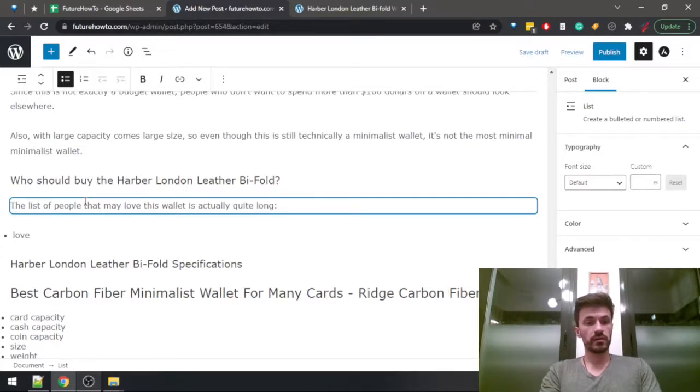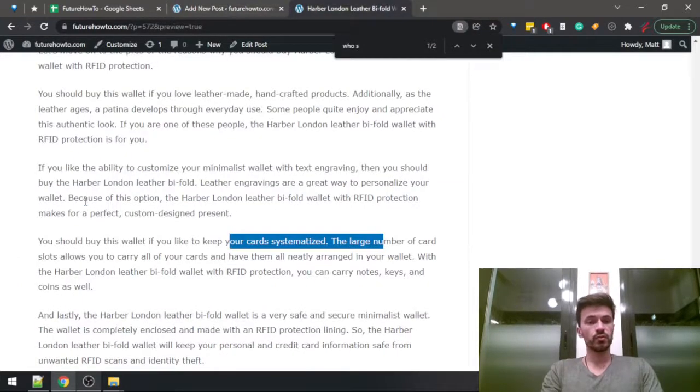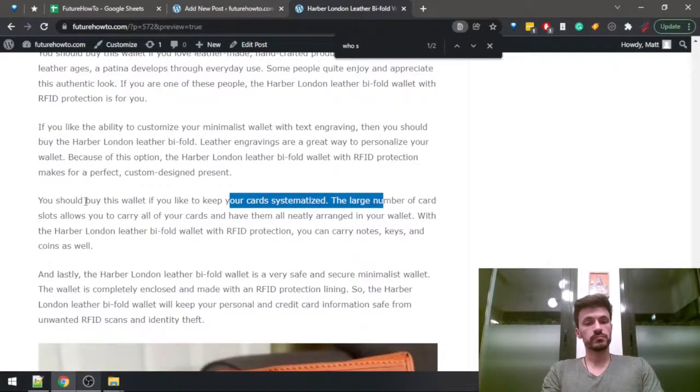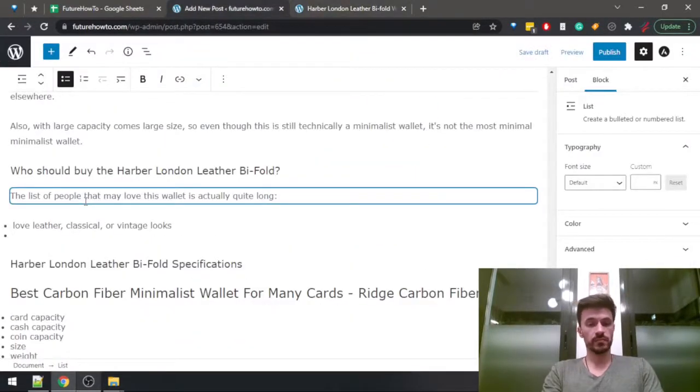Love leather, classical or vintage looks. Customizable.